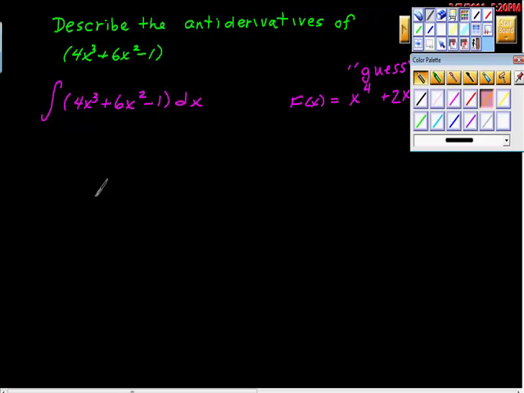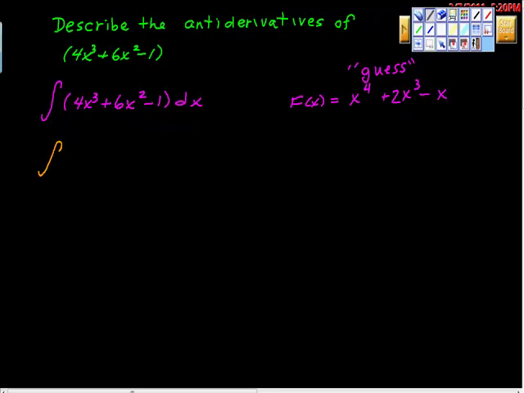Okay, so again, I look at this. This stuff right in here looks a lot like sum and difference rules. So I'm going to break this into parts, and I'm going to take out these multipliers too. So this is 4 times the antiderivative of x cubed with respect to x, plus 6 times the antiderivative of x squared with respect to x, minus the antiderivative of the x.